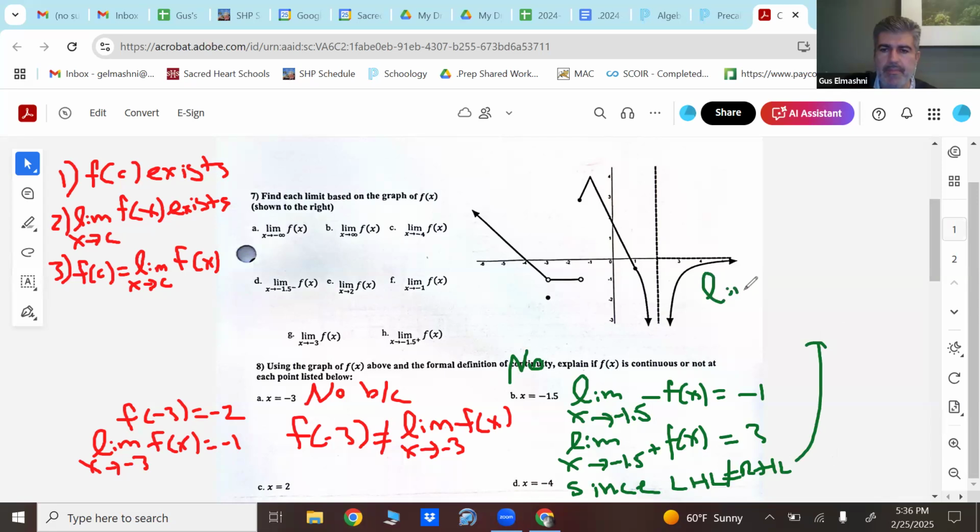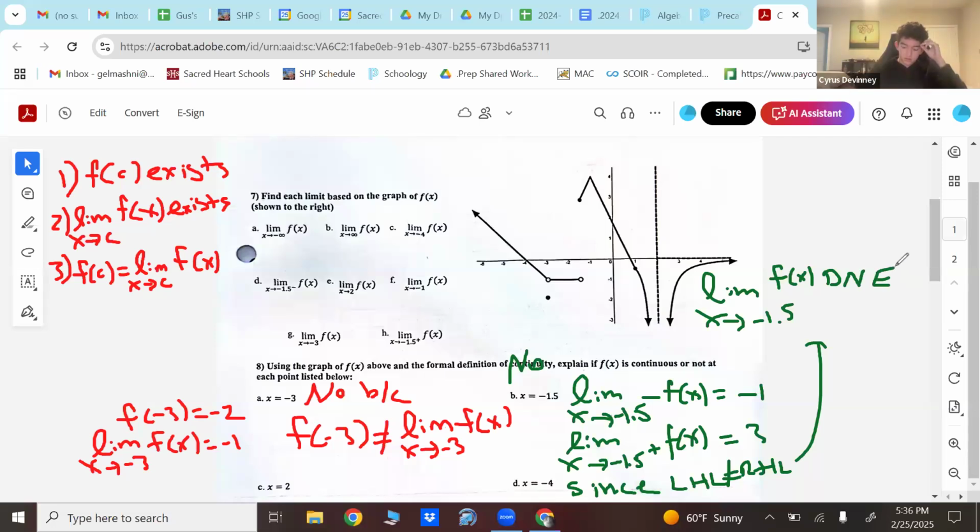The limit does not exist. Yes, DNE, just put no. That's because of the first condition or the second condition, it doesn't matter. The limit does not exist.